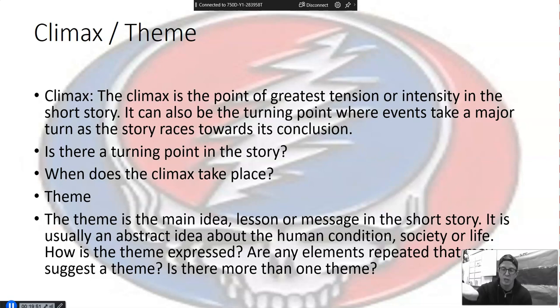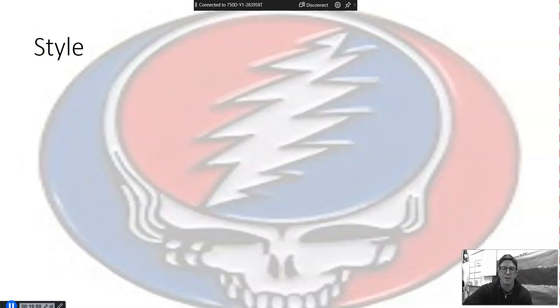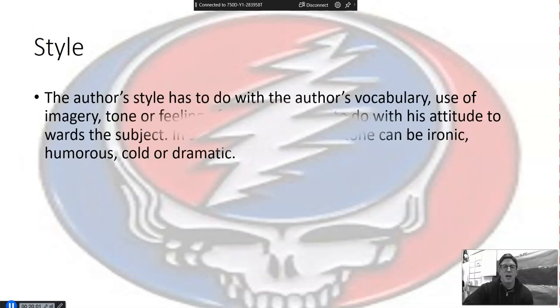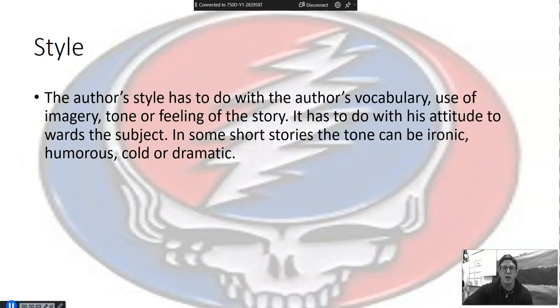So when you read a short story on your own for your first paper, you should really think about theme. What is the theme of the story? And then style. The author's style has to do with the author's vocabulary, use of imagery, tone, or feeling of the story. Do they use a lot of symbolism? Is there a lot of dialogue? Is it only dialogue?